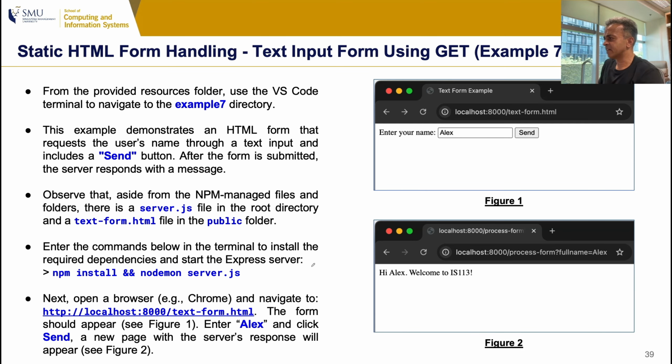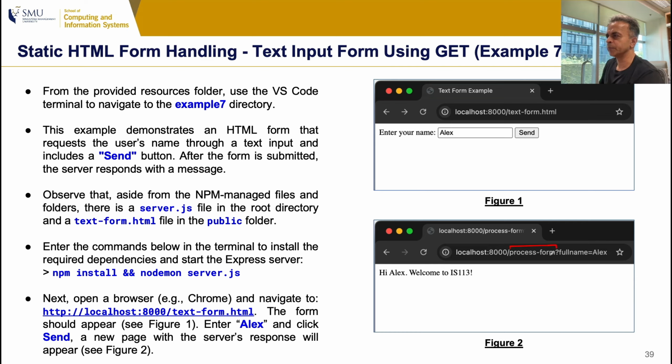So in example 7, all we want to do is to create this little form and then type in something in that form and send it, and the target where it is being sent is a route on the server, and that route will be called process form, and that has to be implemented in server.js or in a router below server.js inside the routes folder.